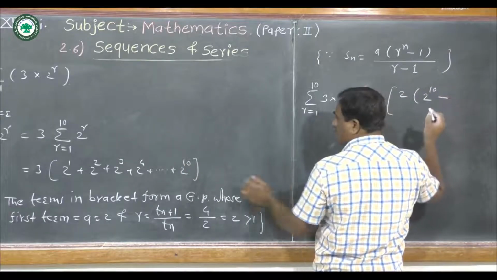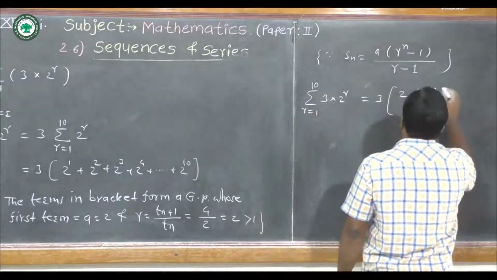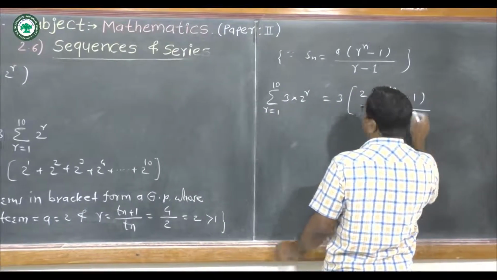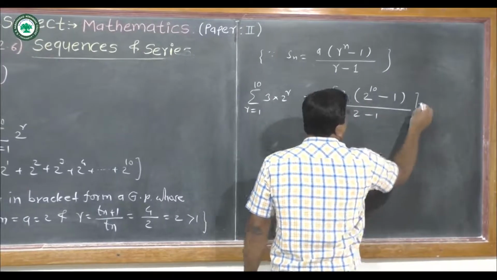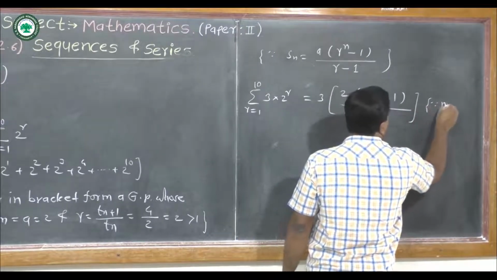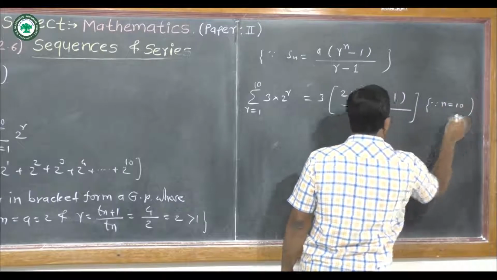10 minus 1 upon R minus 1, that is 2 minus 1. Write down here the reason: since n is equal to also 10.